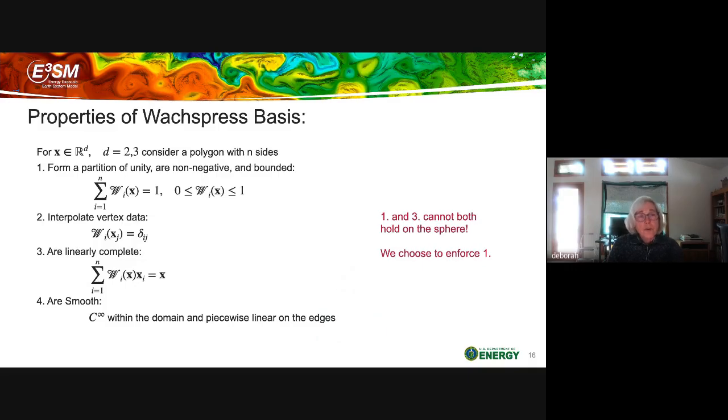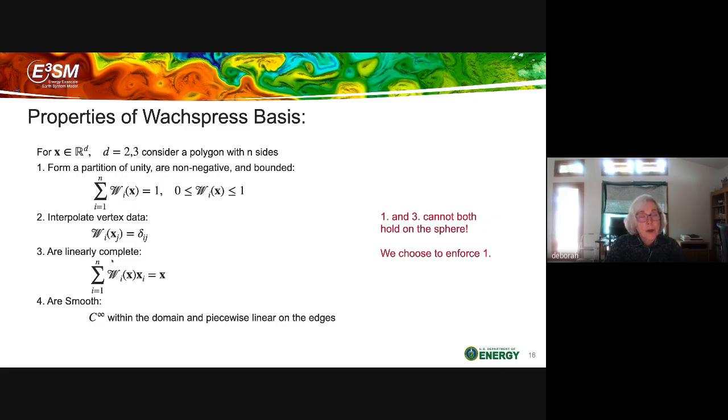All right, so for these Wachspress basis functions, they have nice properties if we look at them for polygons in the plane. So they form a partition of unity. As I said, they sum to 1. And they are between 0 and 1. They interpolate vertex data. So if I look at the value at a vertex, I get 1 for the ith basis function at the ith vertex, but it's 0 at the other vertices.